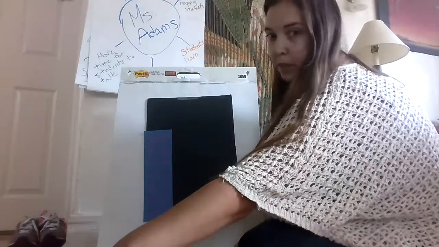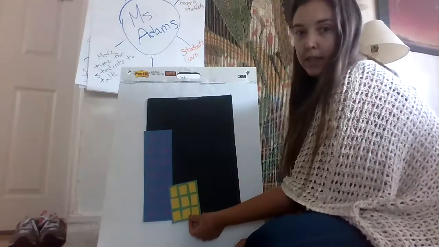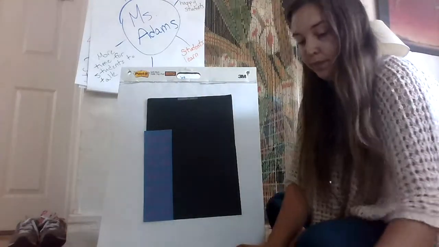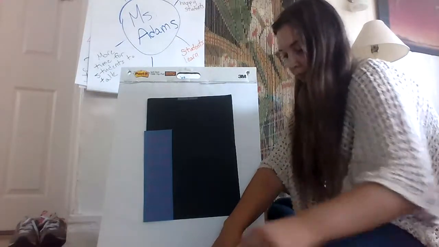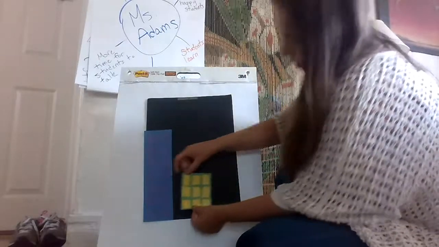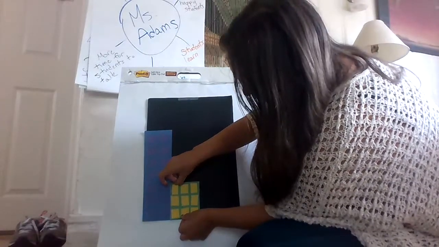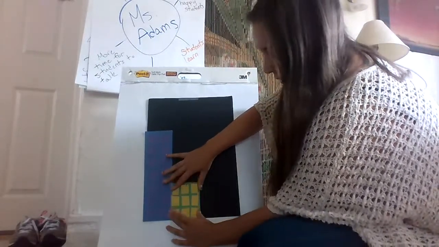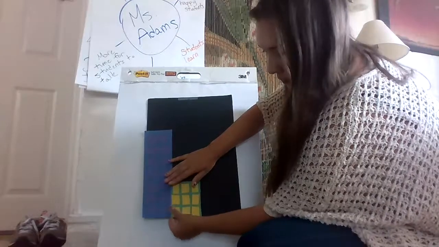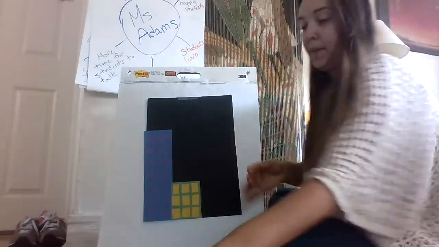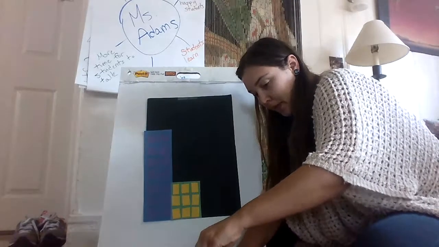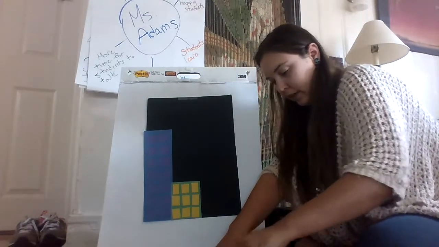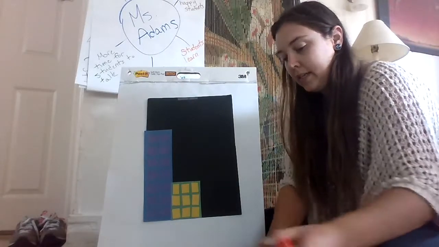I'll put a green one next to it like that, I think. And this is a little smaller building right there. Press that down. And I'll put another bigger building next to it so they're not all just on the outside.